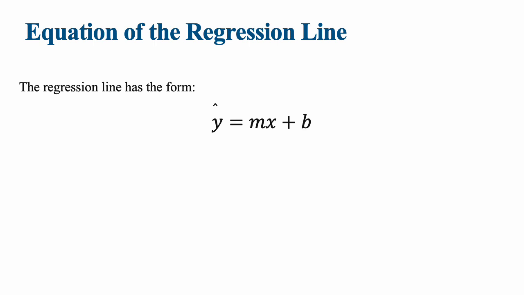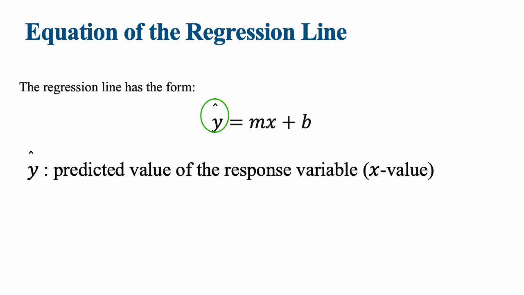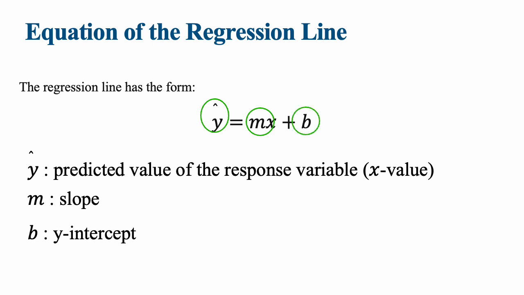That's the equation of a linear function. y hat represents the predicted value of the response variable given x values. m represents the slope, and b represents the y-intercept. You might remember this from algebra class.